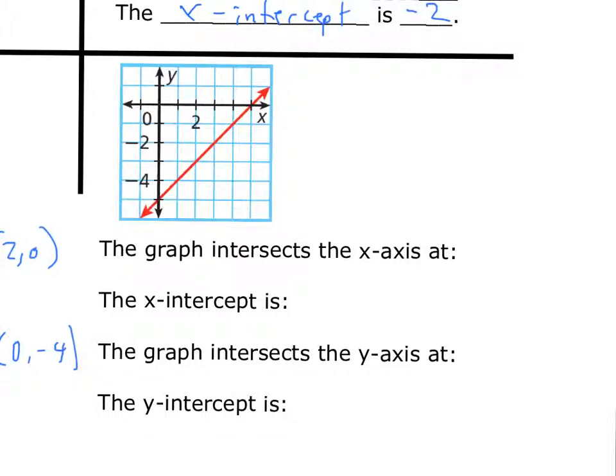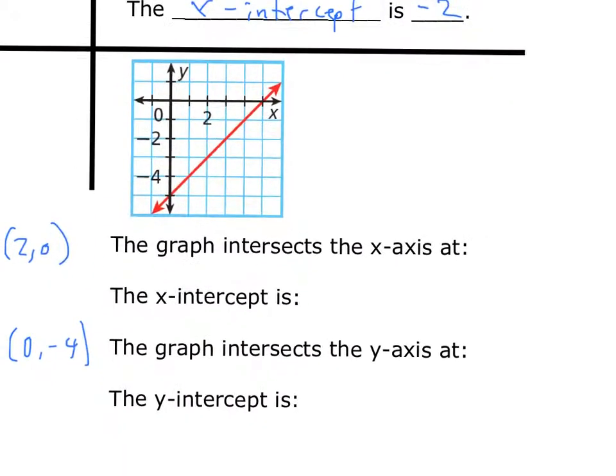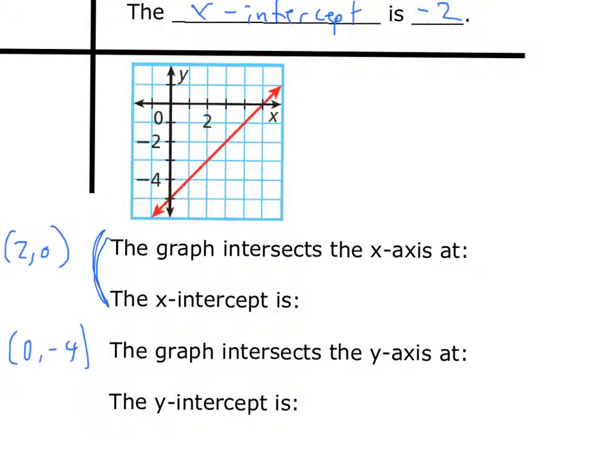This time, with the partner you're working with, I want one of you to work on the x-axis stuff and the other to work on the y-axis stuff. Once we come back together, the graph intersects the x-axis at (5, 0), so your x-intercept is 5.